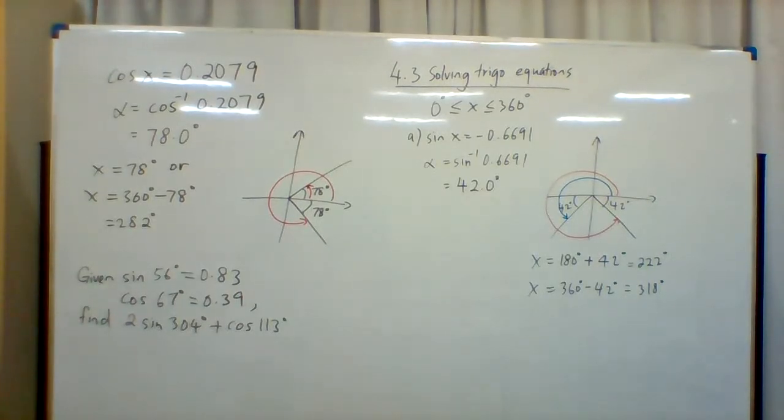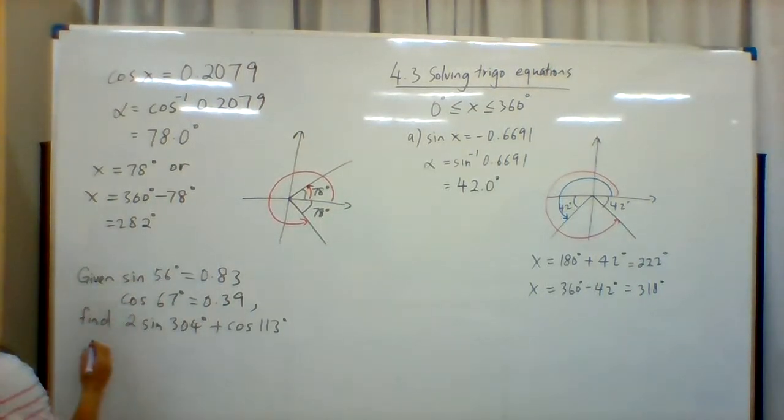Okay. Very quickly, what's your basic angle for your 304? Oh, you need to shift sine your 0.83 first. No, sorry. You need to find what's your basic angle first for your 304.